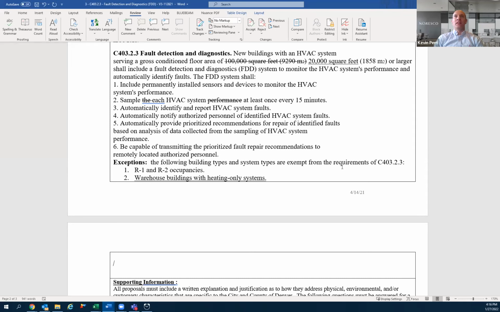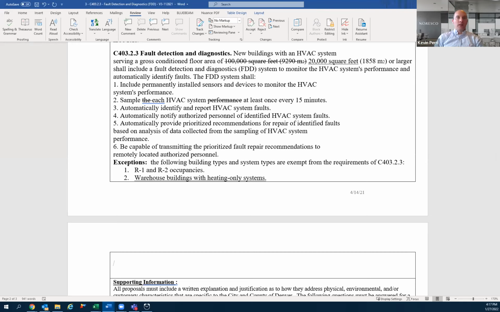Okay, I see 21 hands, 22 hands. Okay, so we have 22 voting people present, so go ahead and lower your hands. So that changes things a little bit. So we now need 12 to pass.